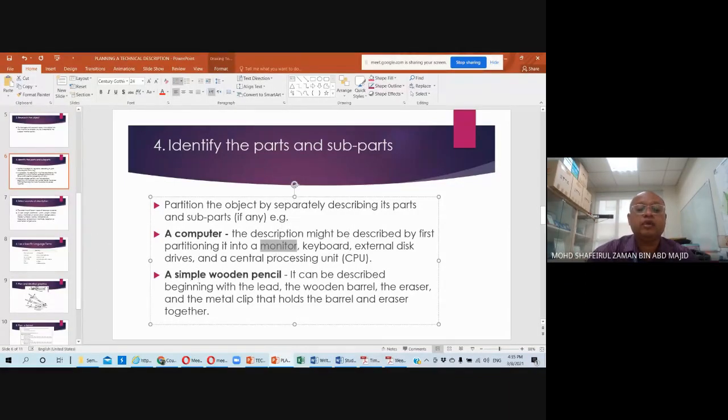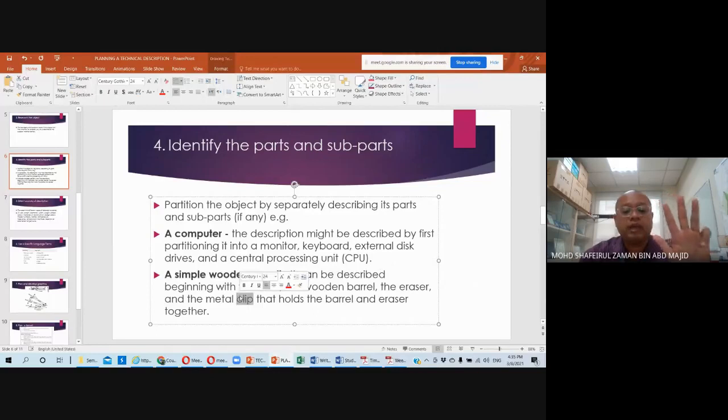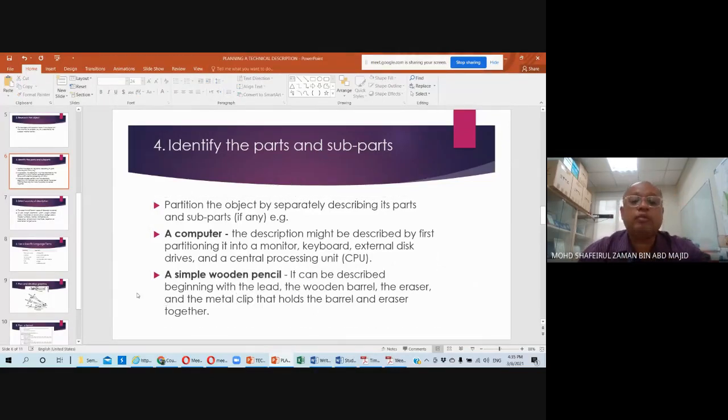Then if you're going to describe a simple wooden pencil, it can be the lead, the wooden barrel, the eraser, and the metal clip. So altogether, there are 4 main parts for a simple wooden pencil as well. If you're asking me, sir, how many main parts are we supposed to explain? It depends on the question and the instruction given to you afterwards. In the previous semester, we asked the students to describe 6 main parts for each group.